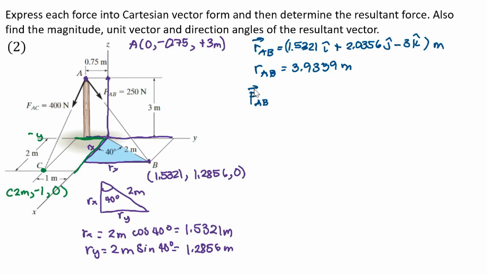After getting the magnitude RAB, we will go directly to the force AB. Since we are not asked to find the unit vector individually, we will proceed to force AB, which is the magnitude times its unit vector.